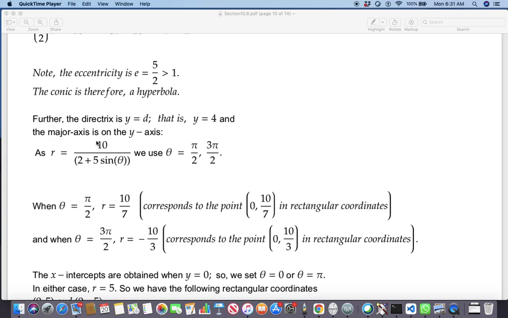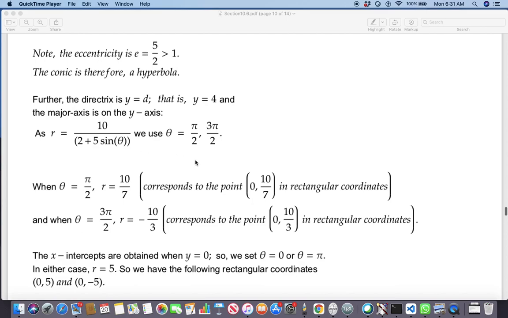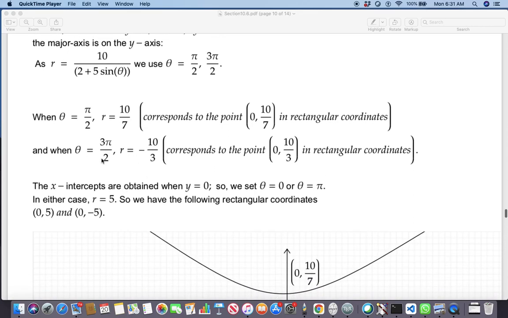To find the vertices, you have the directrix, so you need to find the y-intercepts. You obtain y-intercepts when theta is pi over 2 and 3 pi over 2. Substituting those values, you get certain r values. So notice when theta is 3 pi over 2, r is negative 10/3.